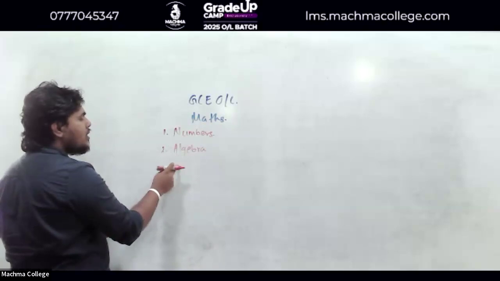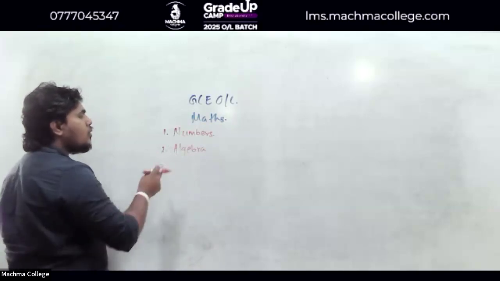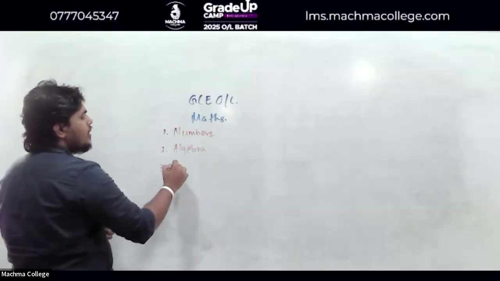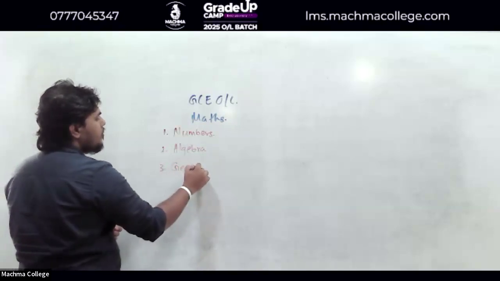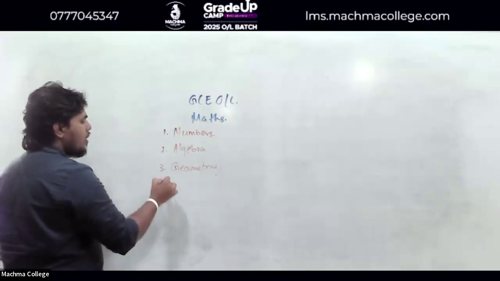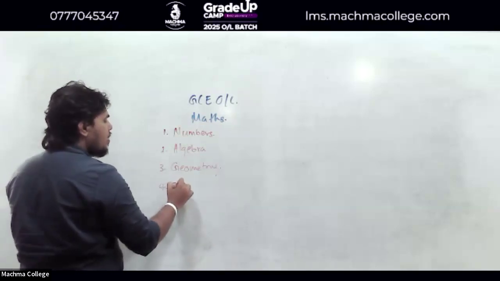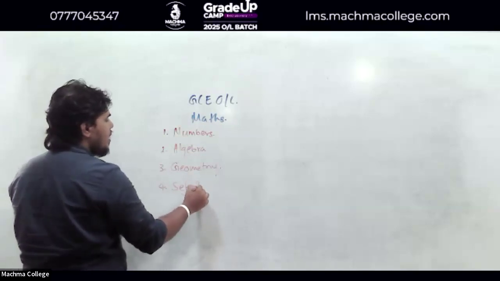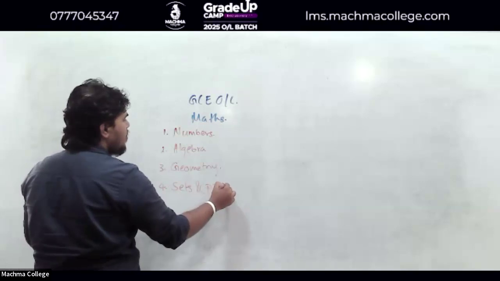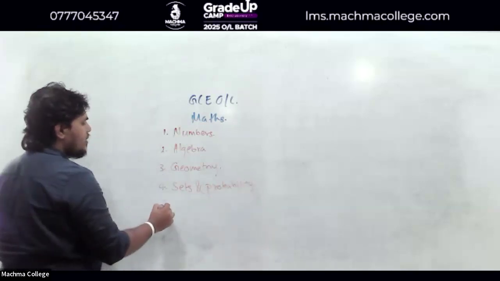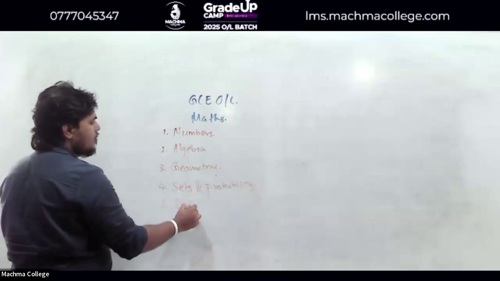and I will tell you how these sections are working, how those sections are weighted in the final exam paper. And then geometry, and then sets and probability, sets and probability. Finally, statistics.